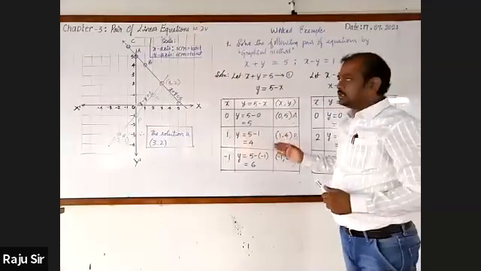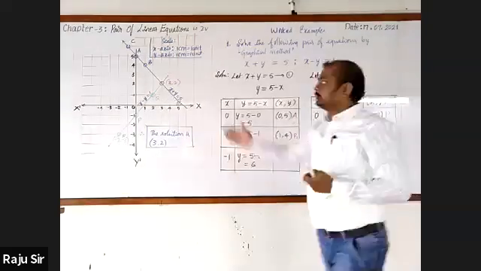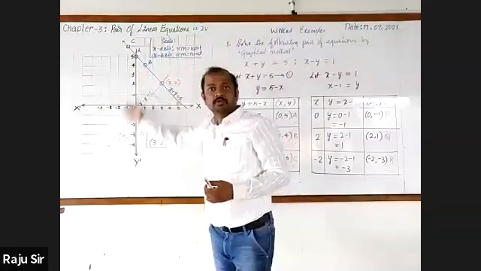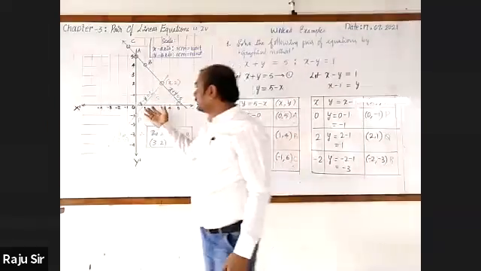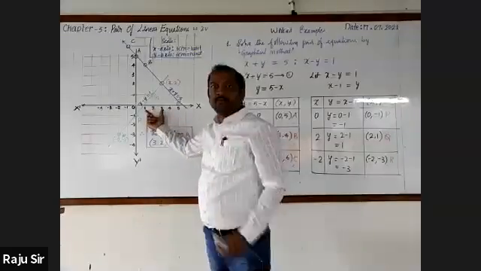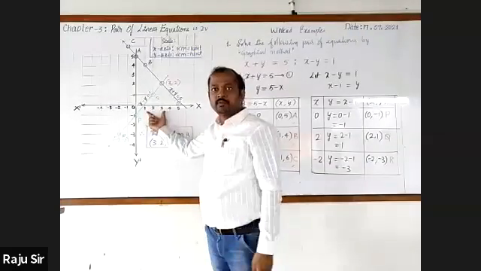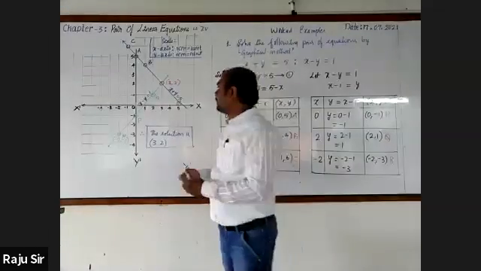In the area calculation, everything should be on the right side, and with respect to the graph, it should be shown on the left side. Area is half into base into height. What is the base?